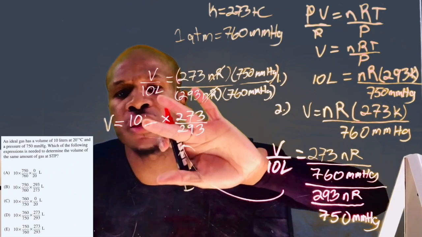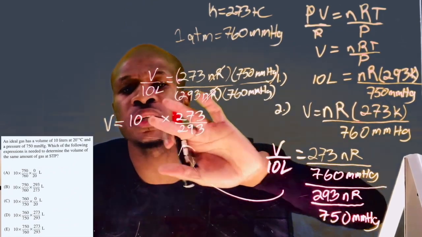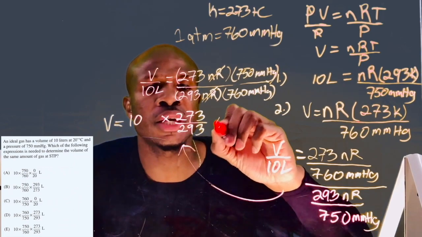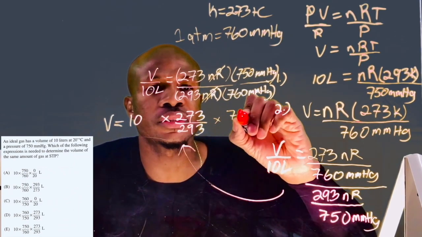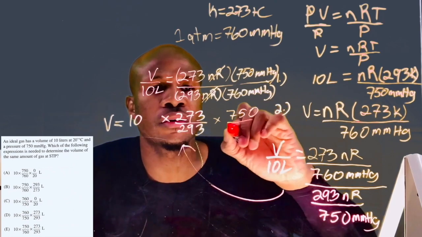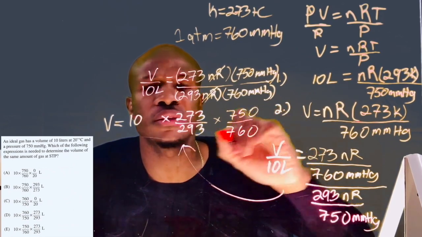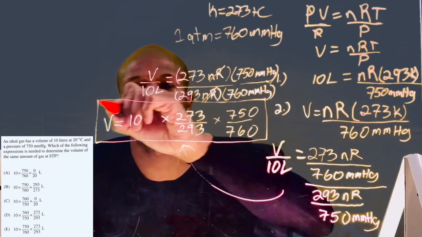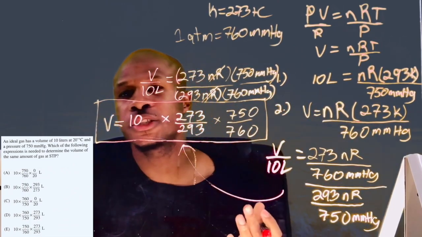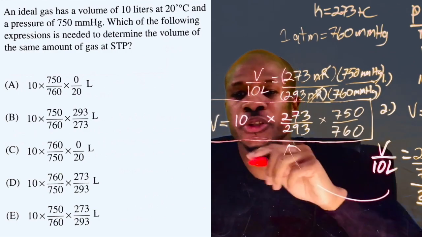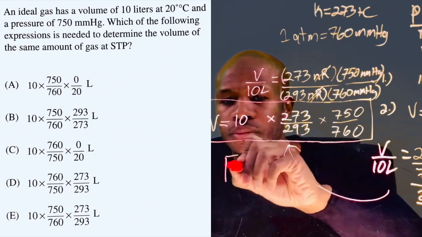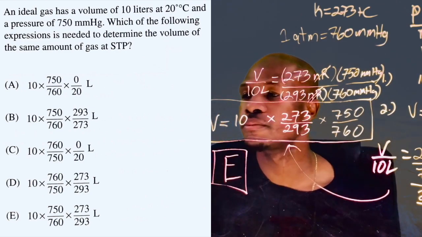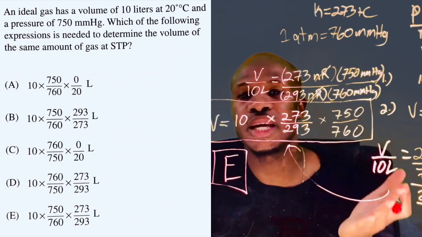I'll get rid of the L. Okay, so I get 10 times 273 over 293 times 750 over 760. What's my answer? My answer is E. Okay. And that's how you do this problem.